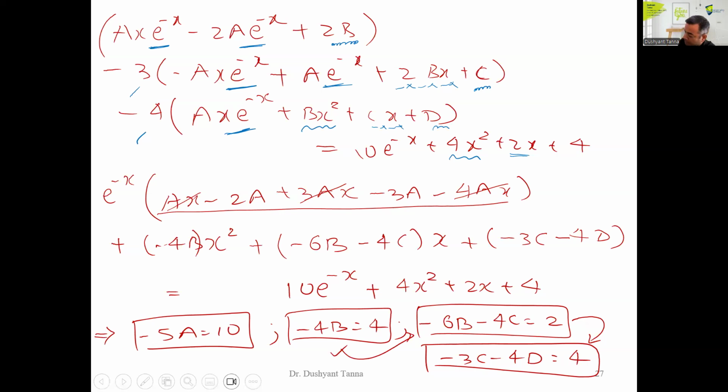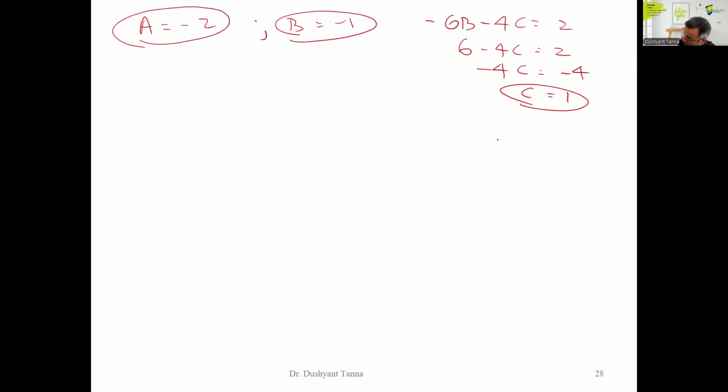Minus 3c minus 4d is, what is that? That's 4. Yes, so minus 3 minus 4d is 4. So 4d is 7.